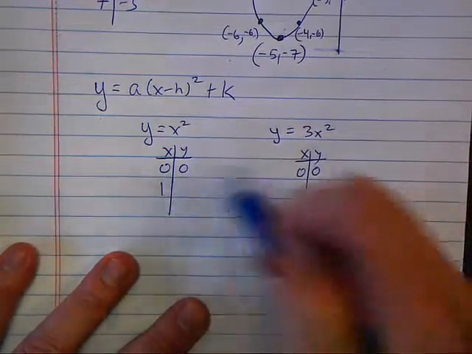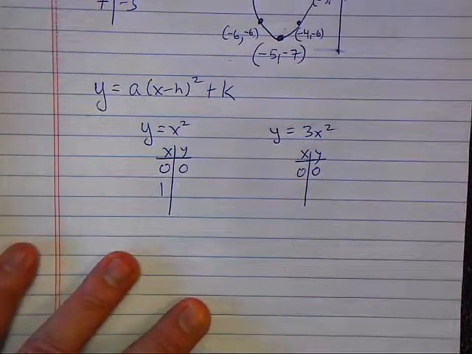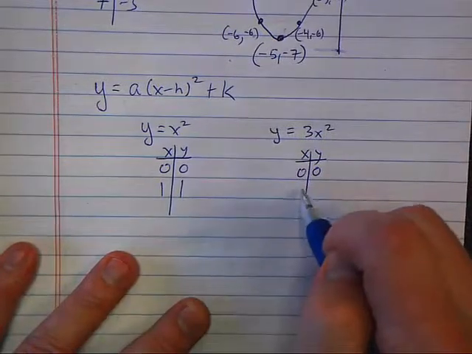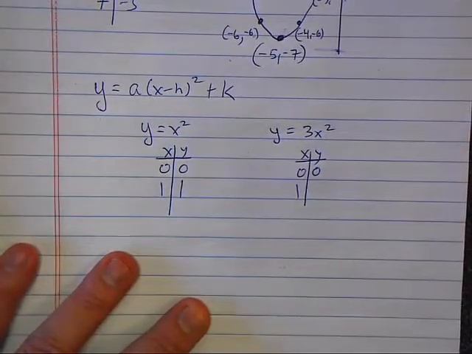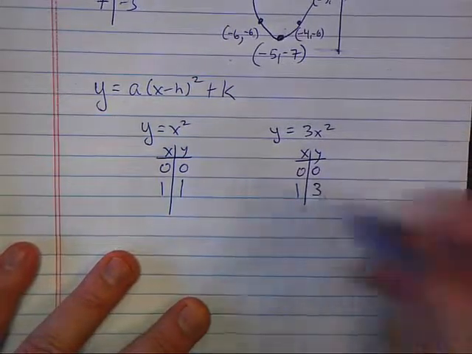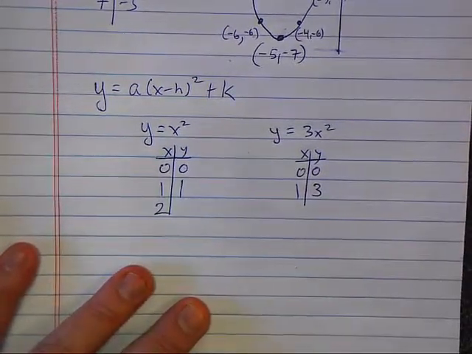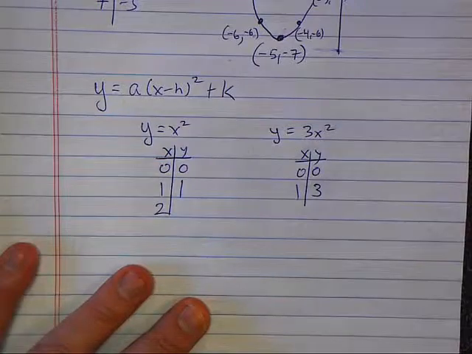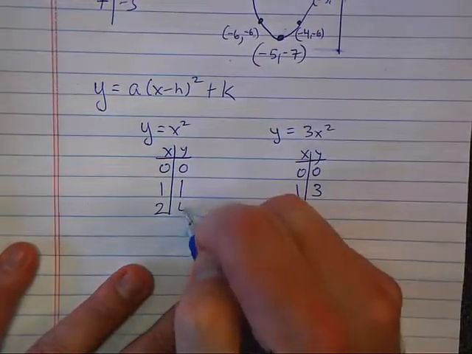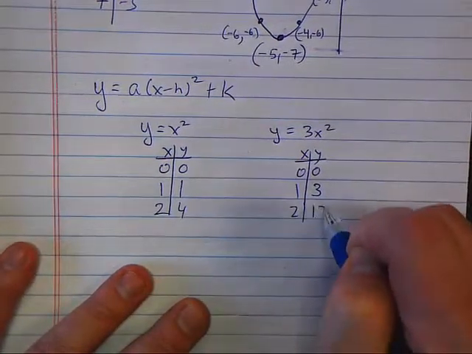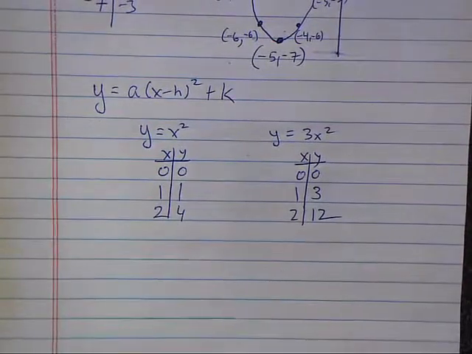What happens when I plug in 1 over here? I get 1. What happens if I plug in 1 over there? I get 3, don't I? If I plug 2 in here, 2 squared is 4. If I plug 2 in there, I get 12.